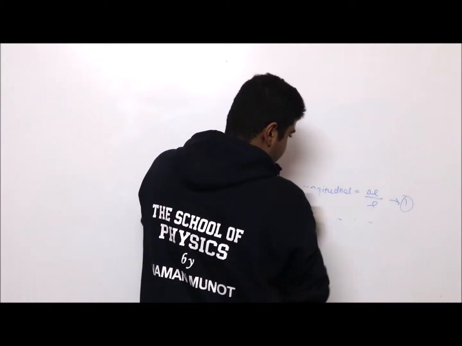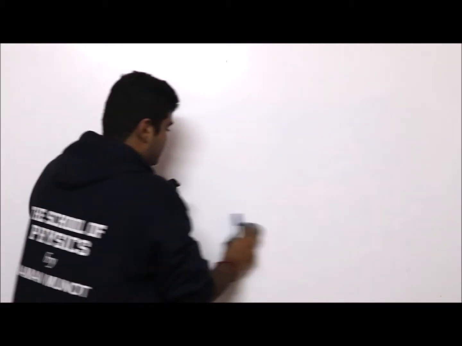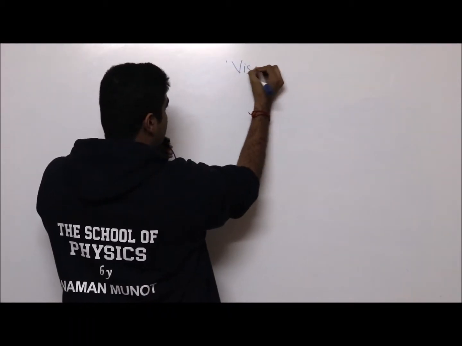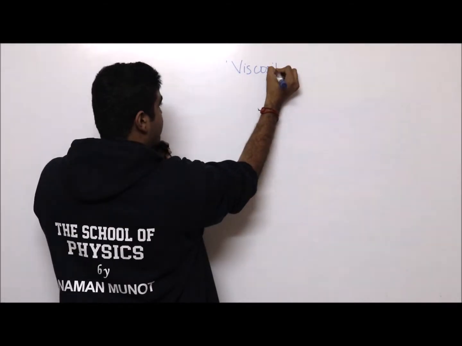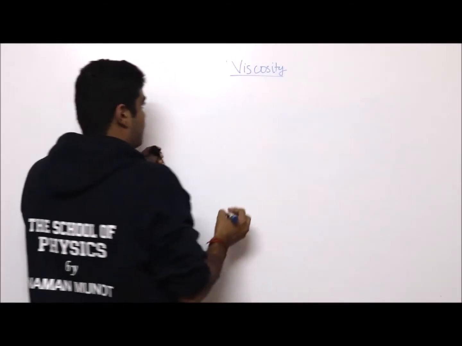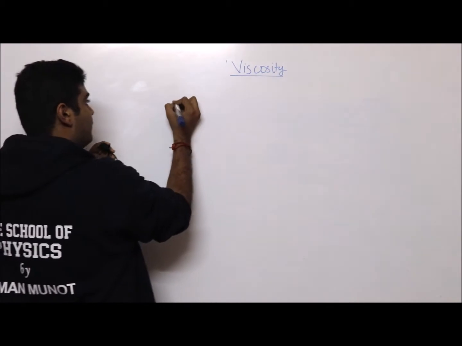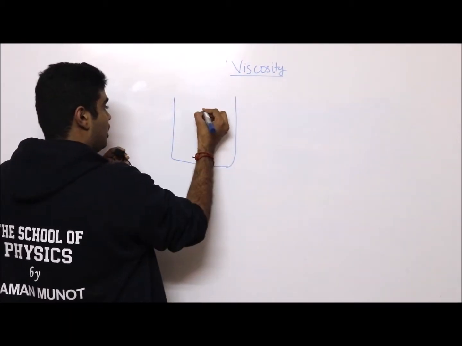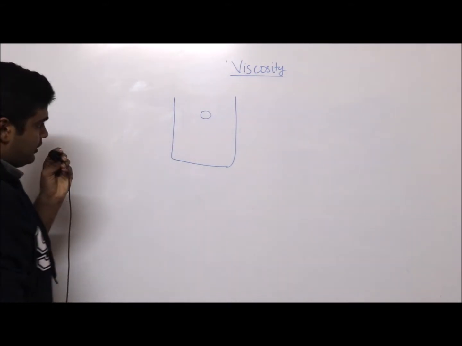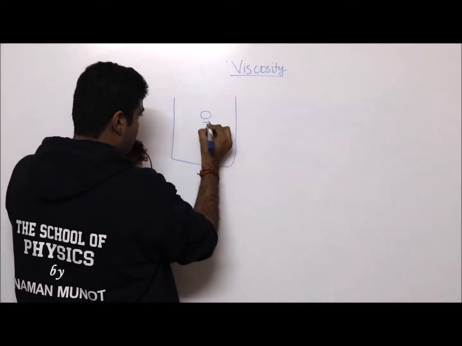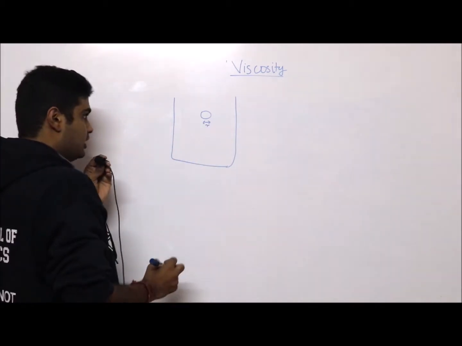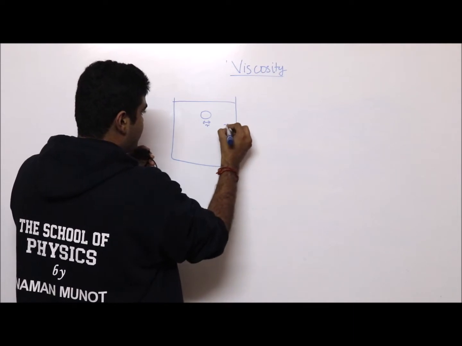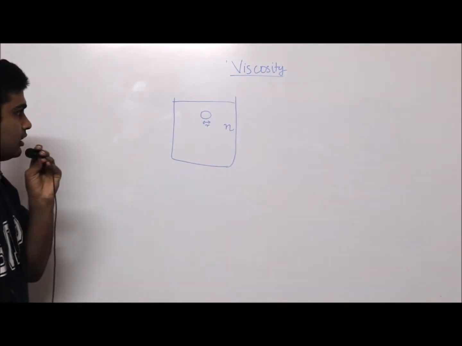So in viscosity, I'll give you a very simple case. Suppose I have a ball here. The radius of this ball is r, and the viscosity or dynamic viscosity of this fluid is, say, n.